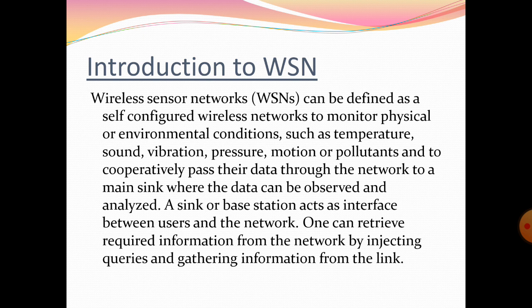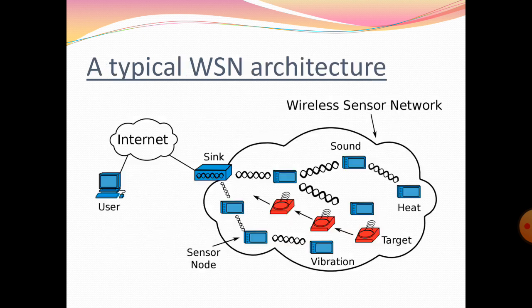A sink or base station acts as an interface between users and the network. One can retrieve required information from the network by injecting queries and gathering information from the sink.